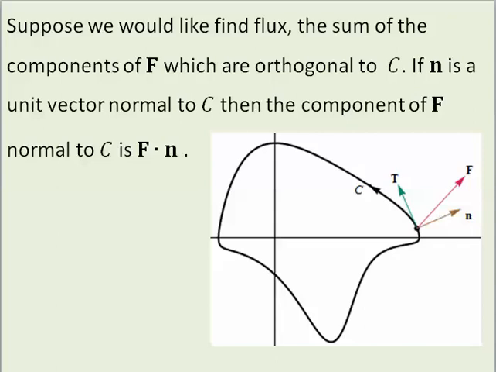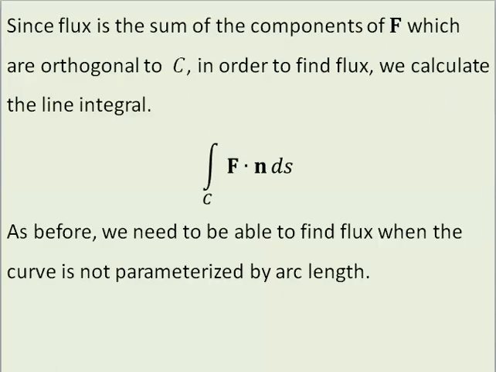So if n is a unit vector normal to the curve, then the component of F normal to the curve would just be F dot n. Since flux is the sum of the components of F which are orthogonal to C, in order to find flux we calculate the line integral.